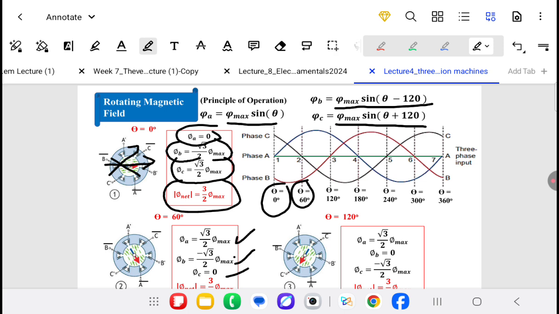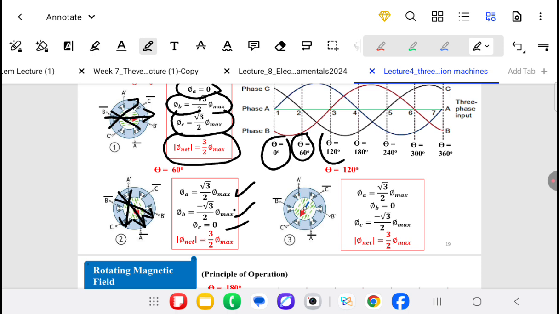Then the flux of phase C equals 0. We have the flux from phase B in this direction, and phase A in this direction, and the resultant between them as shown in the figure.